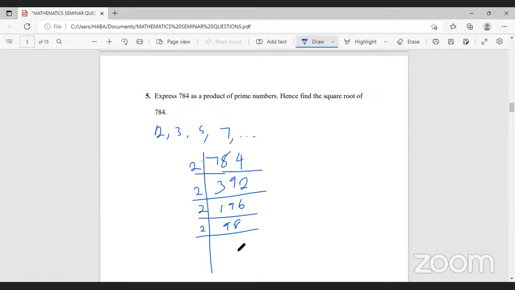Again by 2, I get 49. So 49 can't go into 3, and it can't go into 5. So I use 7. I divide 49 by 7, I get 7. Again by 7, I get 1.